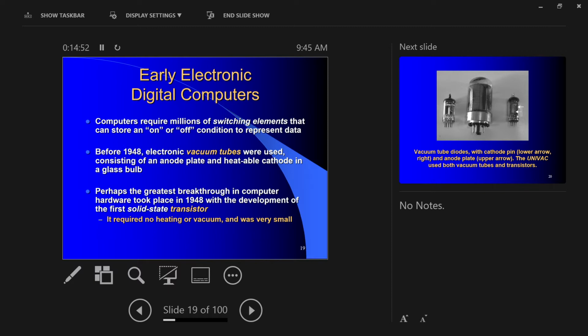So before 1948, electronic vacuum tubes were used, consisting of an anode plate, a heatable cathode, and a glass bulb. You guys know about cathodes and anodes and glass bulbs, so that should hopefully make a little bit of sense. The greatest breakthrough, as they say, with these was in 1948 with the development of something called a solid-state transistor.